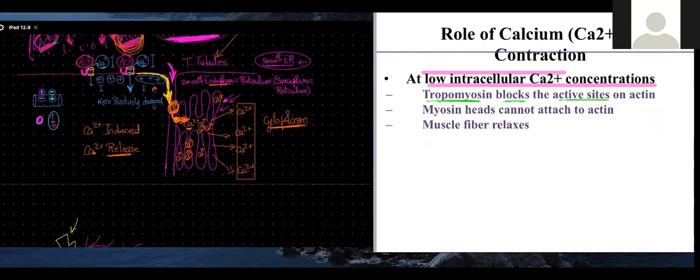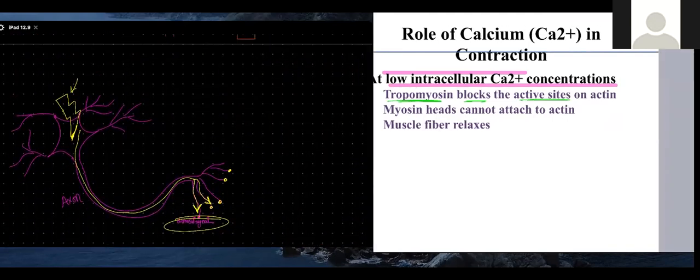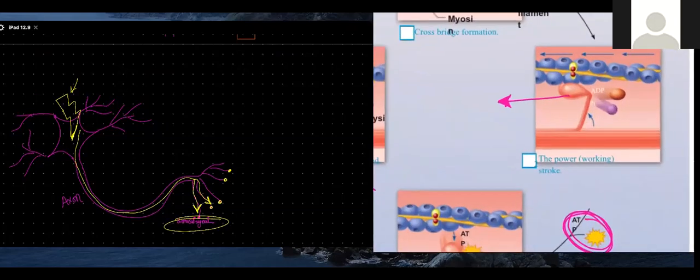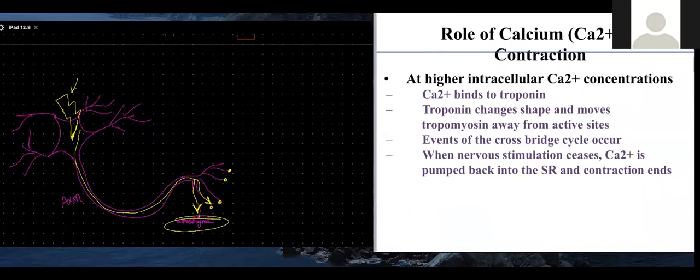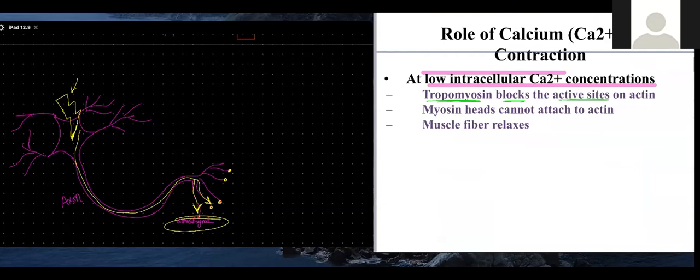So if you see here, binding sites on the actin subunits are blocked by the effect of the tropomyosin. And the myosin heads in this condition can't get attached to the actin subunits. Muscle fibers are, in this case, in a relaxed state.